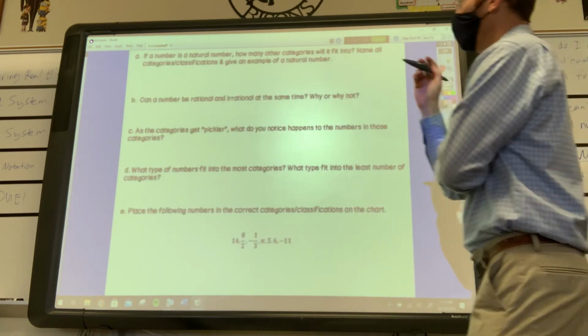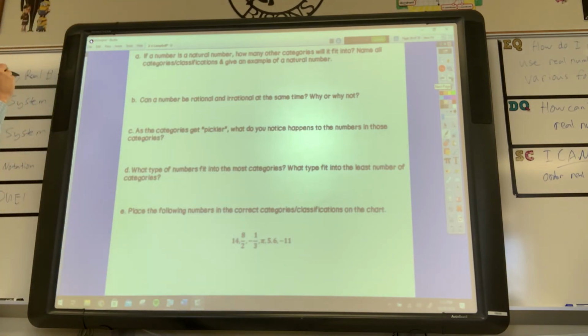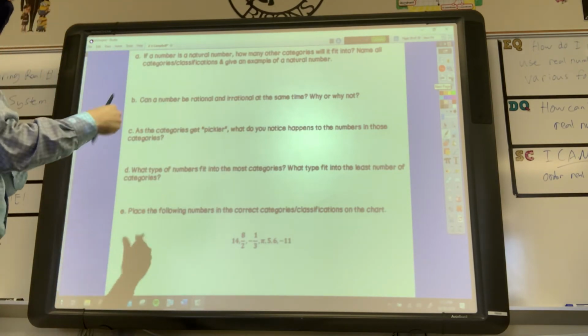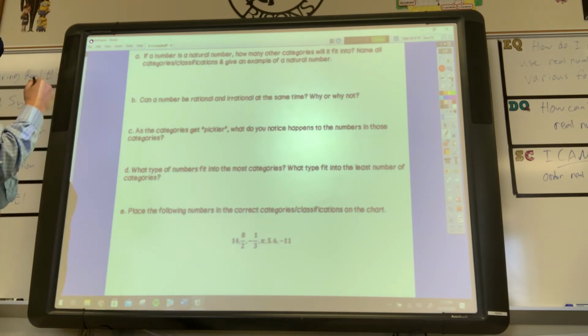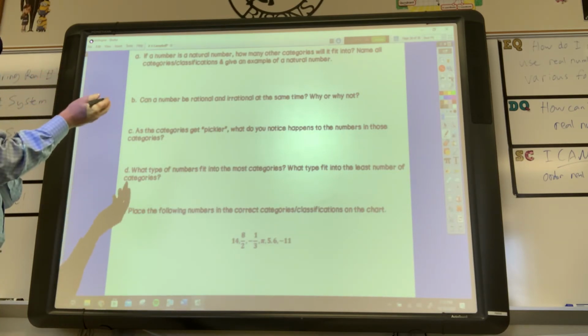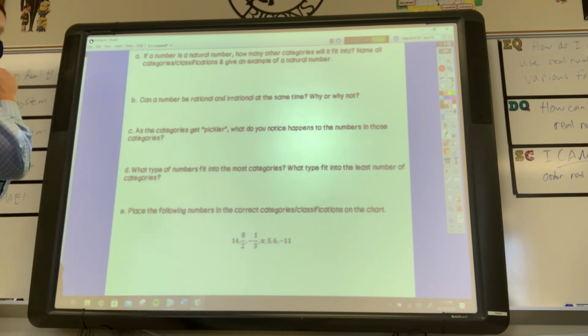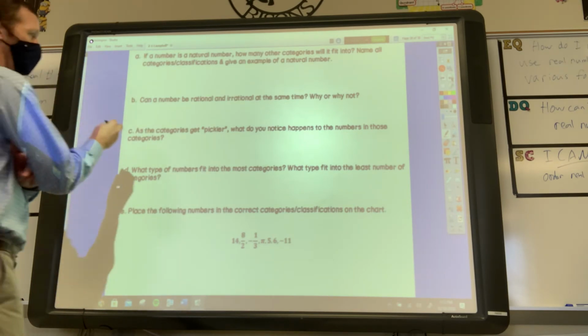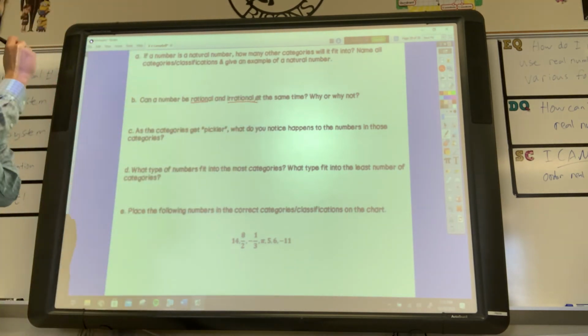Moving on. If a number is a natural number, how many other categories will it fit into? You look at the chart and you see how many categories surround a natural number. Name all the categories or classifications and give an example of a natural number. You can do that on the chart. Here's a good question to dive into. Can a number be rational and irrational at the same time?